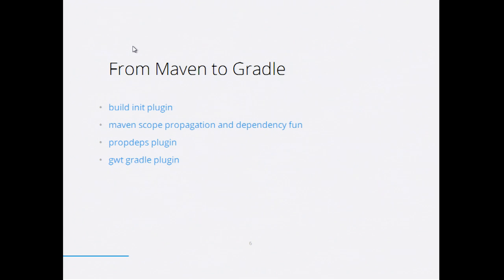Okay, the most important plugins we used, starting with the build init plugin. That's a Gradle plugin that comes with Gradle. You can give it a path to the Maven root pom file, and it generates build Gradle files from them, including dependencies and what you need. It doesn't migrate your plugin configuration or other specific Maven details.